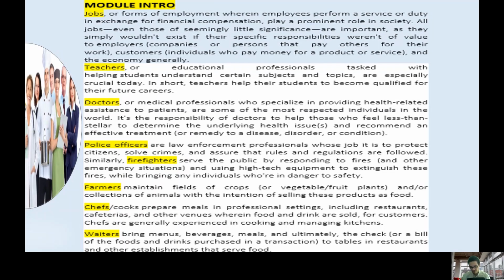Okay, next we have doctors. Now, I knew you guys saw this one coming. Doctors or medical professionals, these are some of the most highly respected people when it comes to jobs and in society in general. These are the people that make sure that we as humans feel our best at all times, and that when something does go wrong within our bodies, they are the first people that we go to, to make sure that we get the right treatment.